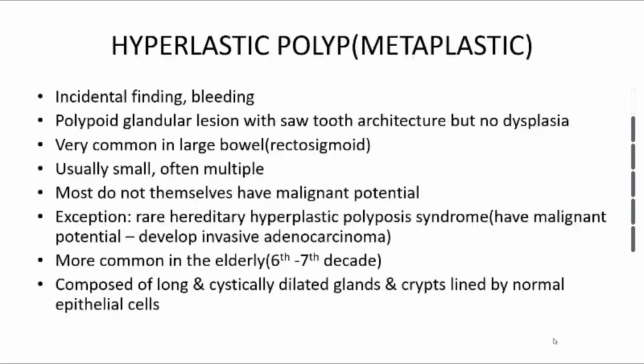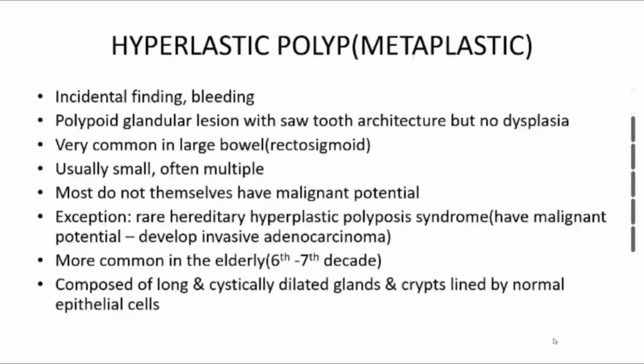It is a polypoid glandular lesion with sawtooth architecture but no dysplasia under the microscope. It is very common in the large bowel, especially the rectosigmoid, that is the junction between the rectum and sigmoid colon.